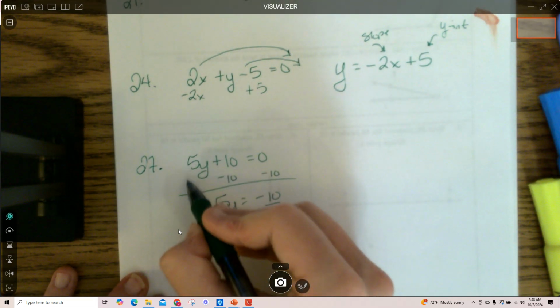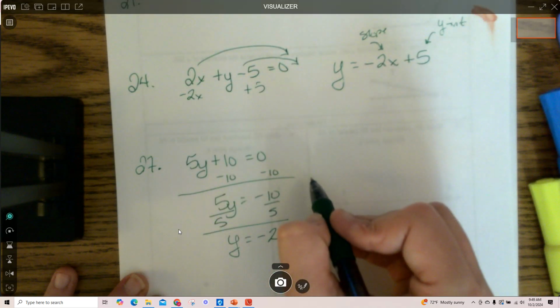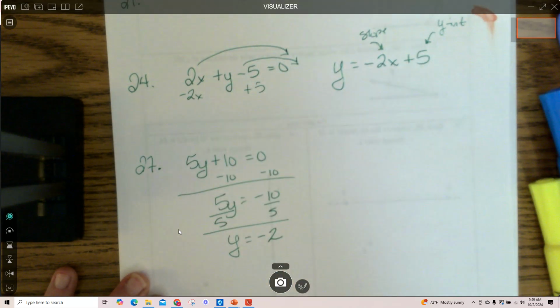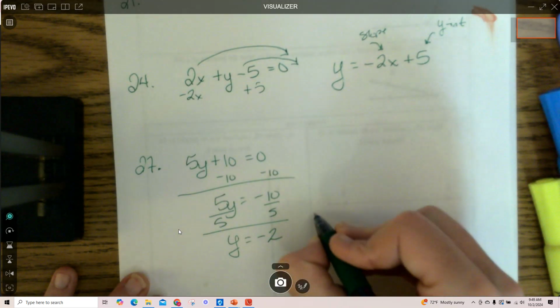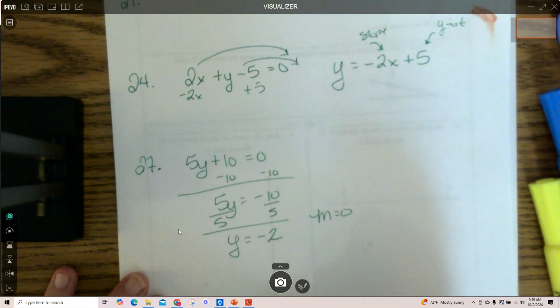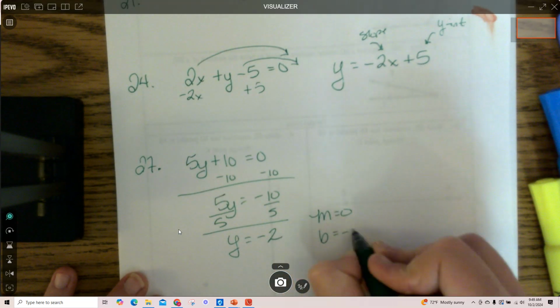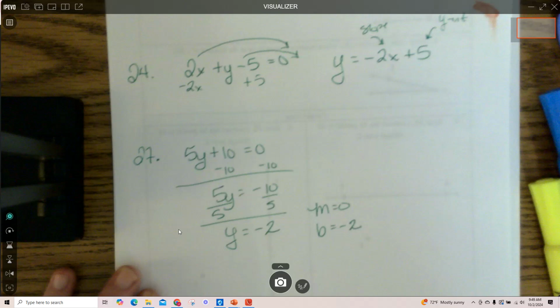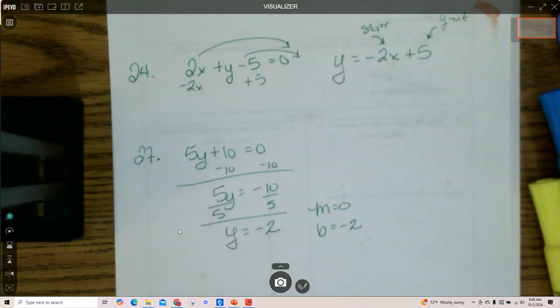So if you've got something in front of the y, move everything away from the y and then divide by the coefficient. Slope would be 0 here. Y-intercept is going to be negative 2. If it's a vertical line, if it's an x equals, there is no y-intercept. It will never cross the y-axis. I'm surprised you didn't ask for that.